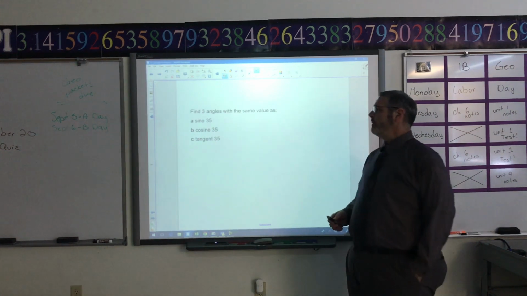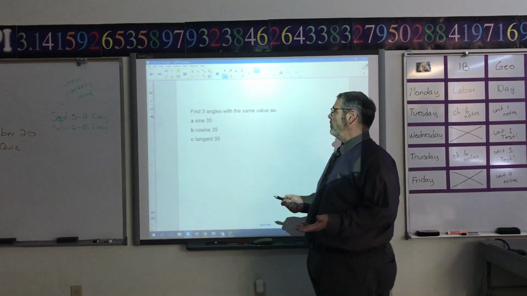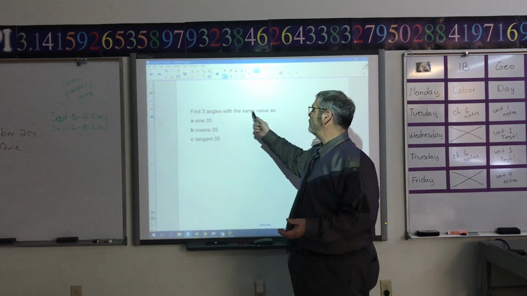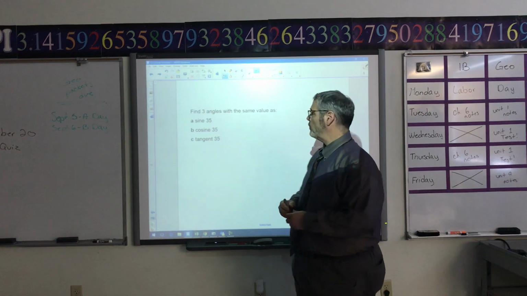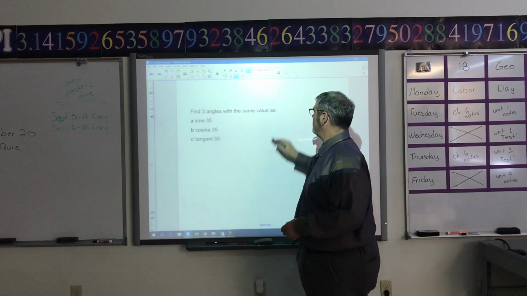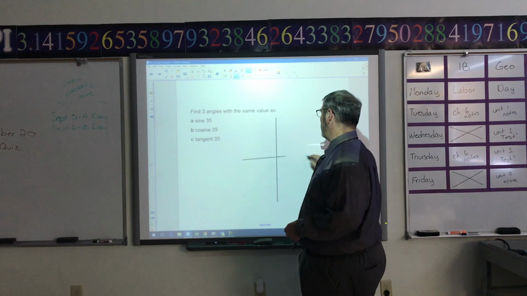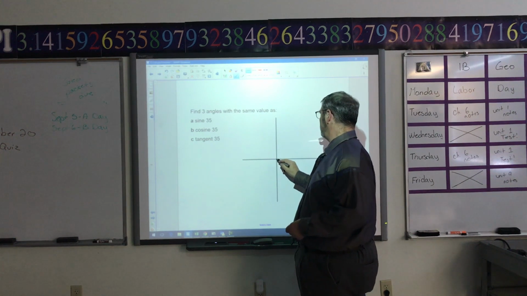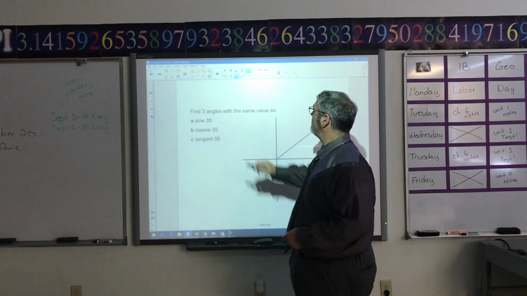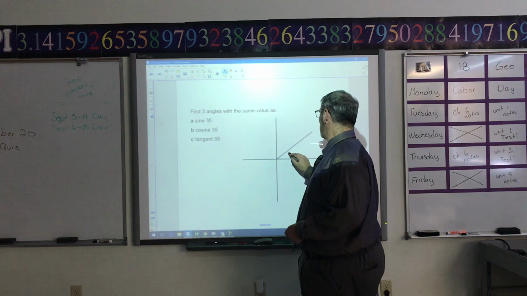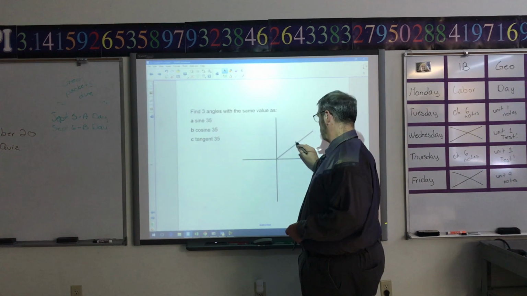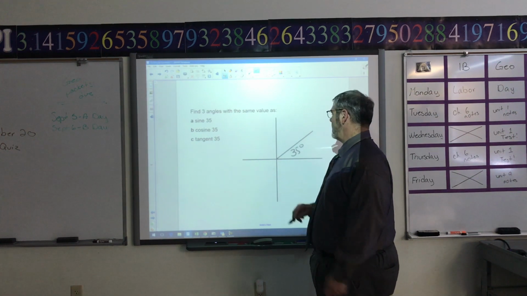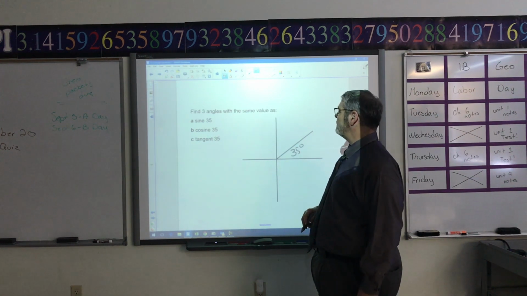All right. Now, whenever you're given an angle, there's going to be several angles that have the same degree measure as whatever angle you have. For instance, for the first one, if I have an angle that measures 35 degrees, this measures 35 degrees.